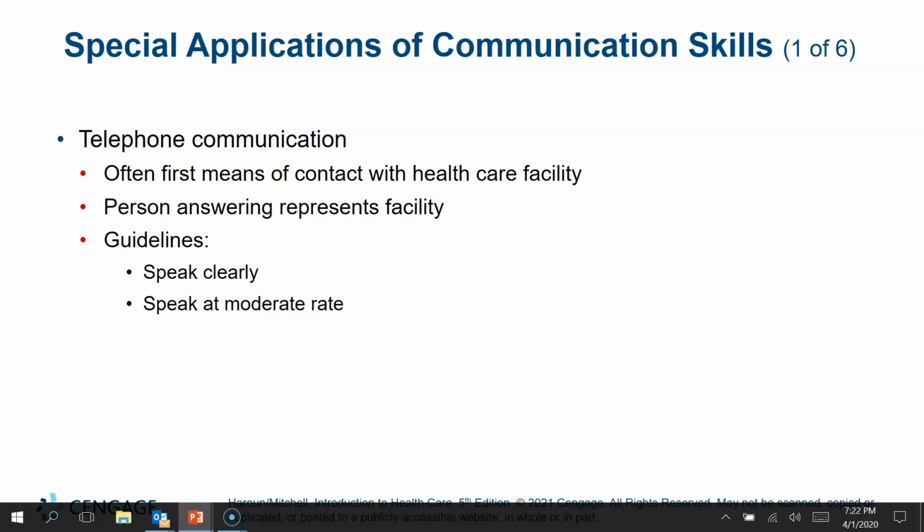The other thing we have to be incredibly careful about when we're talking on the telephone is releasing information. With HIPAA and high tech, we have to make sure if we are releasing any information, including the date of an appointment, it has to be the patient that we're releasing it to. So they have to identify themselves. It's very, very important.